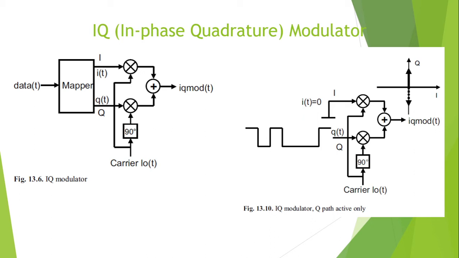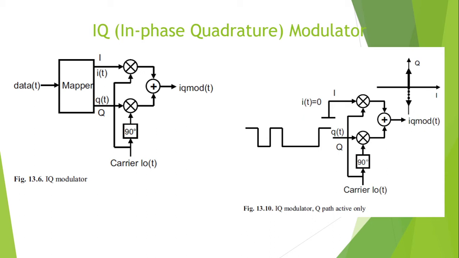For any digital modulation, a mapper is connected ahead of the IQ modulator. The mapper is fed with the data stream, that is, the data that is to be transmitted. The output signals I of t and Q of t of the mapper are the modulation signals for the I and Q mixers.